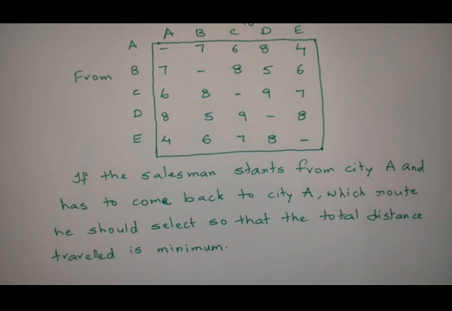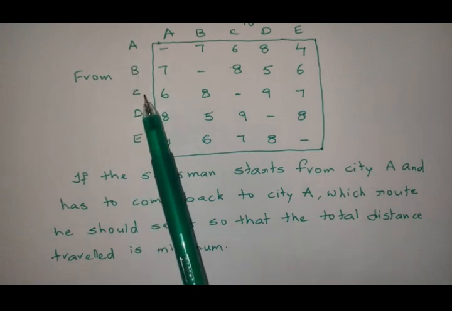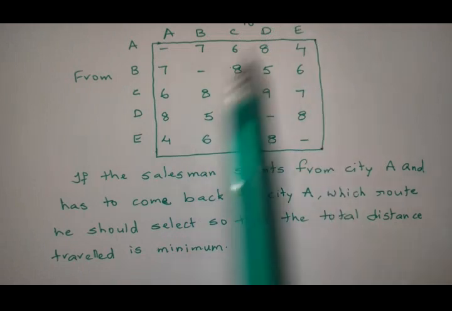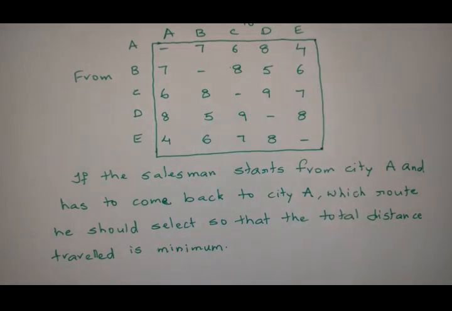So first let us check whether it is balanced or unbalanced, as in the first case of an assignment problem. Here the number of rows is 5 and the number of columns is also 5. So it is a balanced problem. Now let us solve it as the assignment problem.